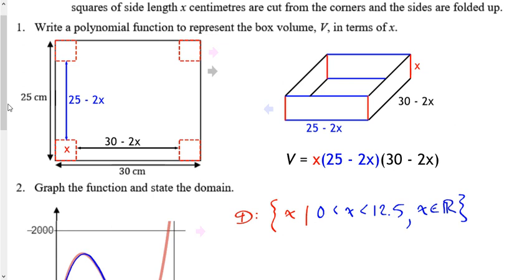This is 25. If I cut off 12 and a half, that's half the page. And I cut off half the page there, basically I don't have a square anymore. I cut off a whole section here and I can't really fold it up. So if I get any bigger than 12 and a half, there's not enough paper to cut off. So it has to be smaller than 12 and a half, so I'm going to have a dimension here. Good question.